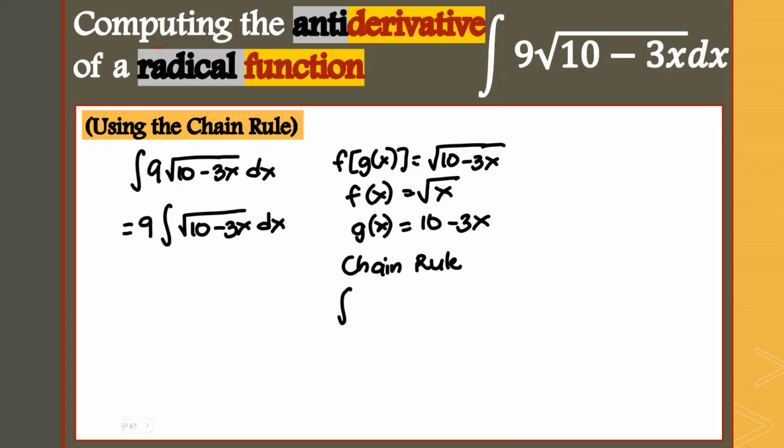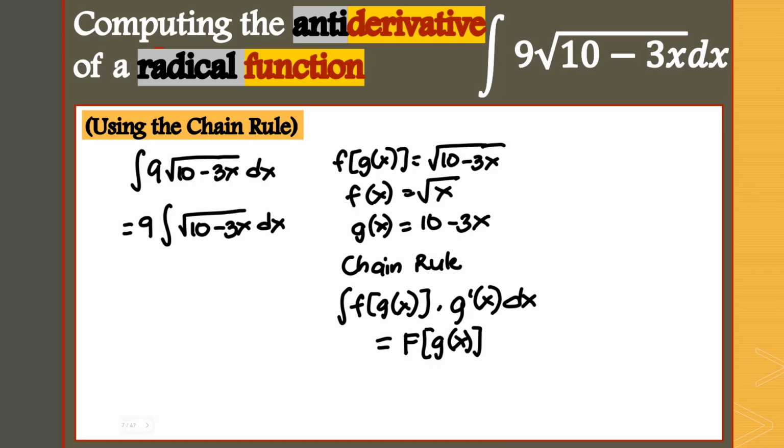For the chain rule, it's the integral of a composite function introducing the derivative of your g of x before your dx, which results in the antiderivative of your outer function f with g of x as its component plus c. Now, finding this depends on the previously discussed rules, but what needs to be identified here is the inclusion of this as a factor before we can use the chain rule. So that is actually connected to this.